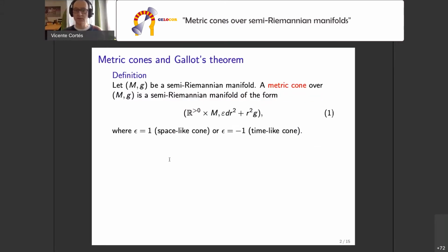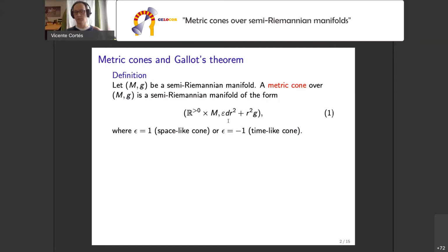So let me start with the definition of what is a metric cone, which is the principal object of study for this talk. So we start with the semi-Riemannian manifold (M, g), and then a metric cone over M is a manifold of the form, the product of the positive real axis times the manifold M, endowed with a warped product metric of the following form.